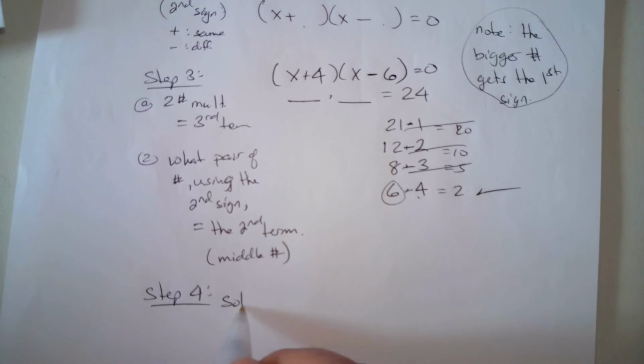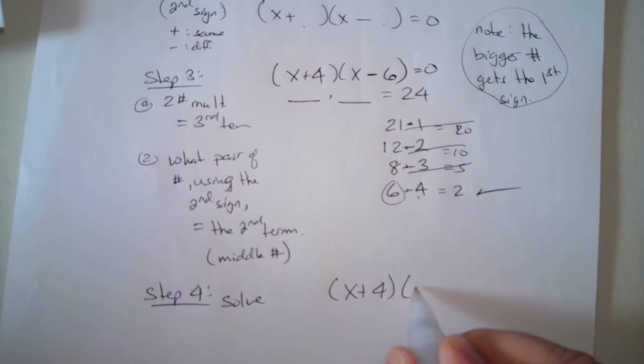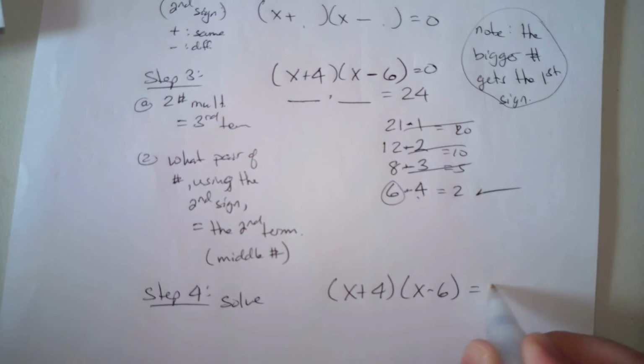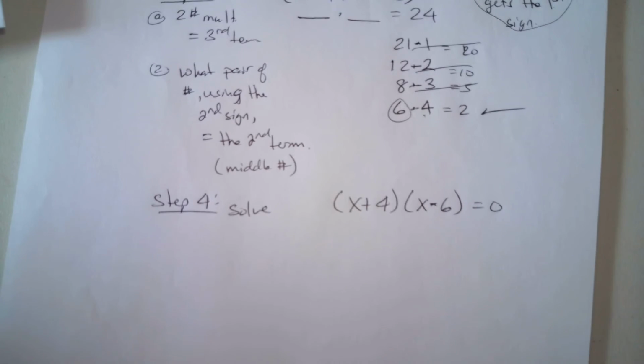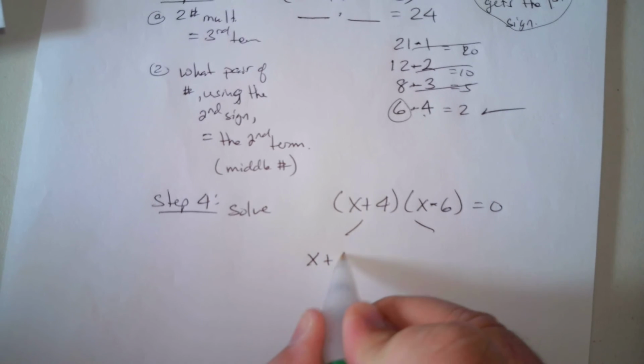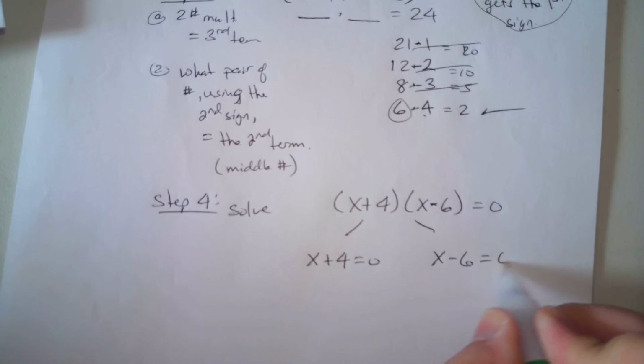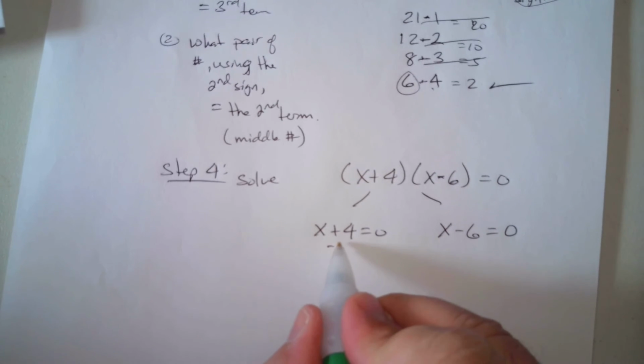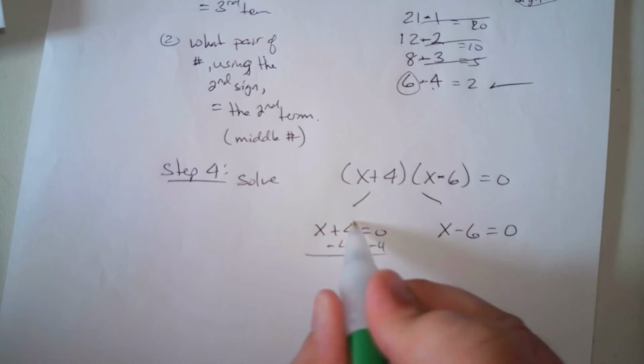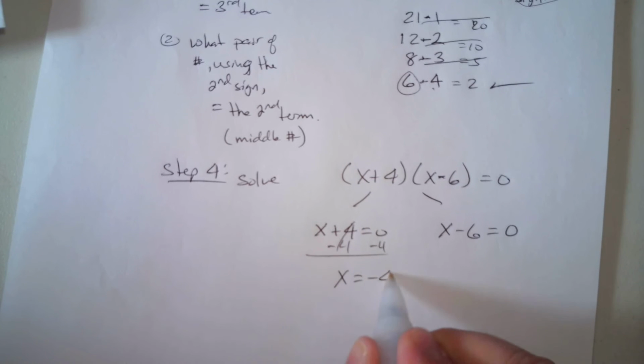Step 4 is solve. So we have (x plus 4)(x minus 6) equals 0. Using the zero product principle, x plus 4 equals 0 and x minus 6 equals 0. Subtract 4, x equals negative 4.